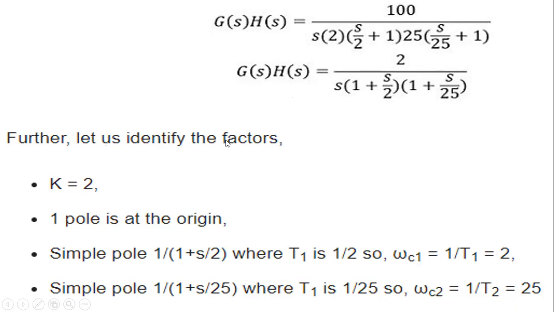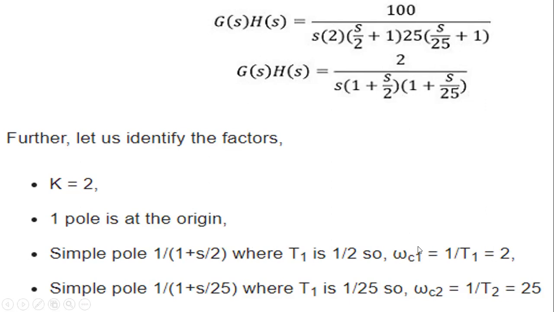Then further, let us identify the factors: k is equal to 2, the constant, and 1 pole at the origin, because s equal to 0 in the denominator always counts as a pole. So we have 1 pole at s equal to 0. Then a simple pole 1 by (1 plus s T1), where T1 is equal to 1 by 2, so 1 by T1 is equal to 2.